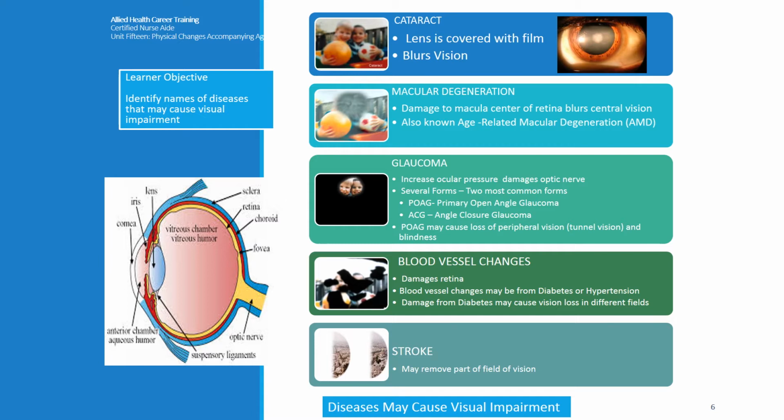You can have some different blood vessel changes as well. These are going to damage the retina. They may be from diabetes or hypertension, or high blood pressure. The damage from diabetes can cause vision loss in different fields. It just depends on what happens with that. Diabetes can also cause lots and lots of other different changes in the body. That's why we need to keep it under control.